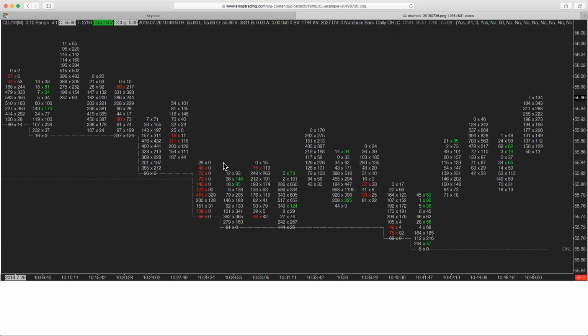So what's happened here is we got to the low of the day, wherever that was, 80 something. It's reasonable to assume that there will be stops clustered around the low of the day. Where they are, don't know. It might be a 5-tick range, 10-tick range.